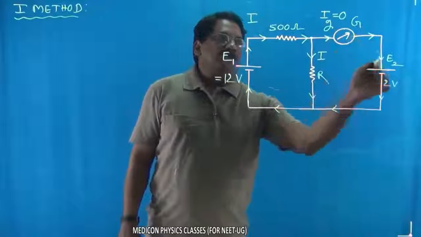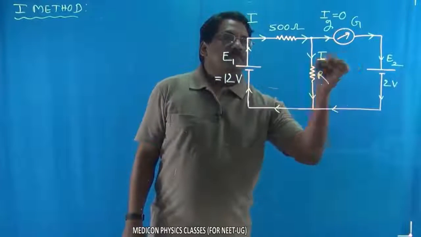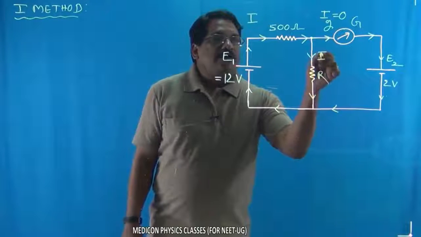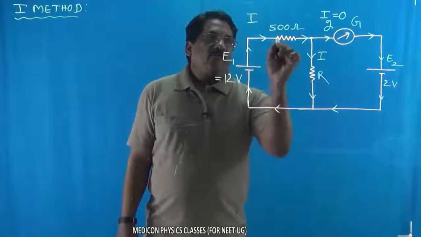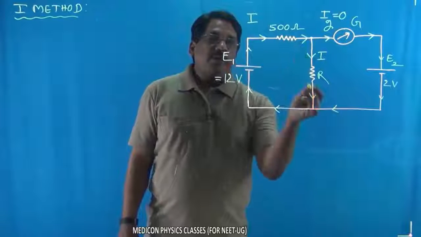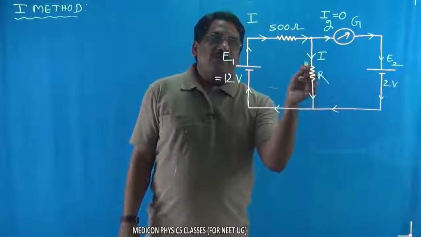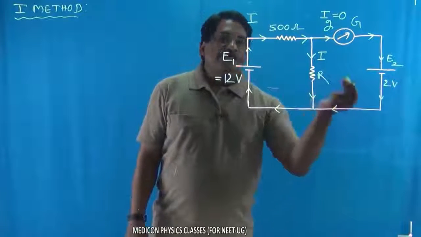There is no other potential drop, so I into R should be equal to E2. This is possible only when Ig becomes 0. But the value of I, how can we get? It is E1 divided by 500 plus R, EMF divided by total resistance. E1 divided by 500 plus R should give us I. That into R should be equated to E2.